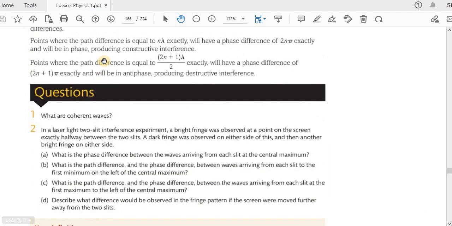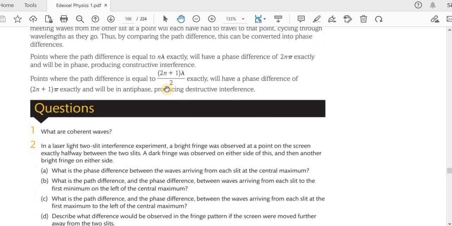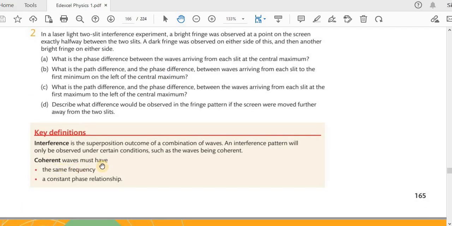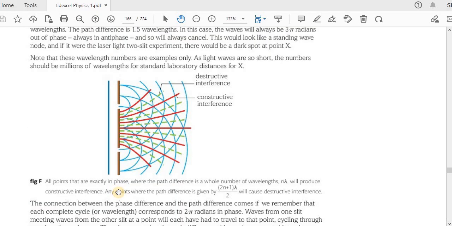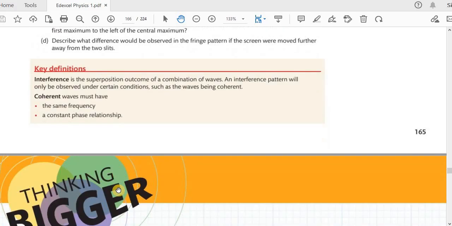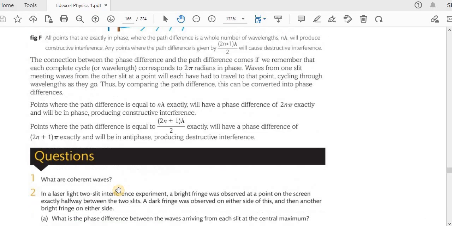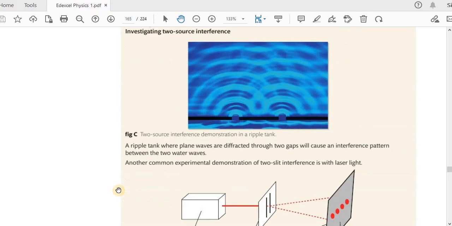So for this interference to happen and to produce the standing wave, the waves must have the same frequency and a constant phase relationship, which means the waves must be coherent. So if they are coming from the same source, they can be coherent. Alright, that's the end of that lesson on wave interference.